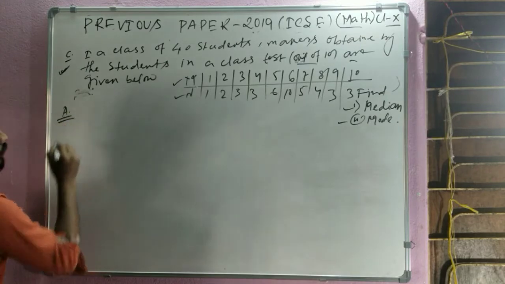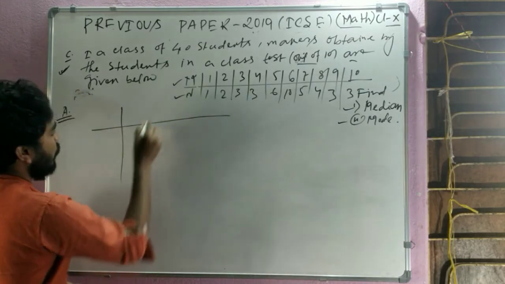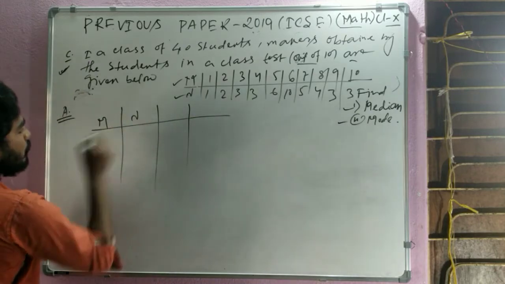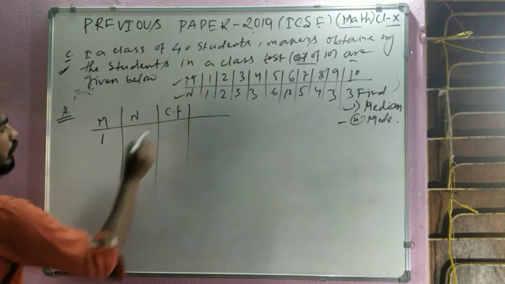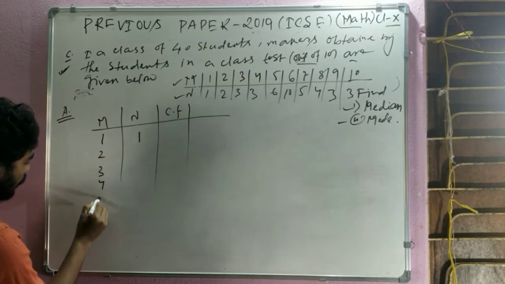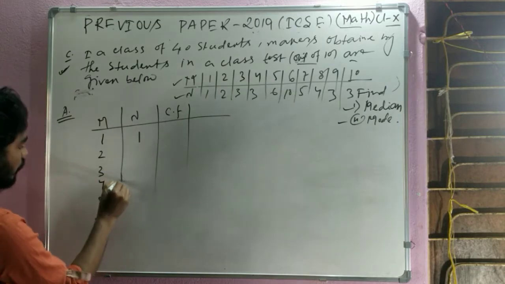Answer. First we construct a frequency table: marks, number of students and cumulative frequency. Marks 1, number of students 1. Marks 2, 3, 4, 5, 6, 7, 8, 9, 10.